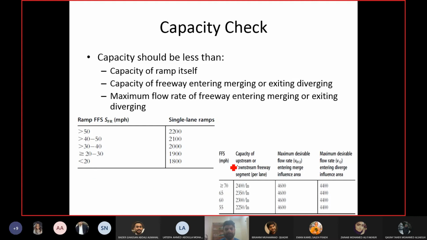Less than 20, then 1800, and this is the capacity of the freeway segment. And this is the maximum desirable flow rate for the merge area and maximum desirable flow rate for the diverge area. So this is for the first condition. This is for the second condition, and these two are for the third condition, depending upon what type of area you have.